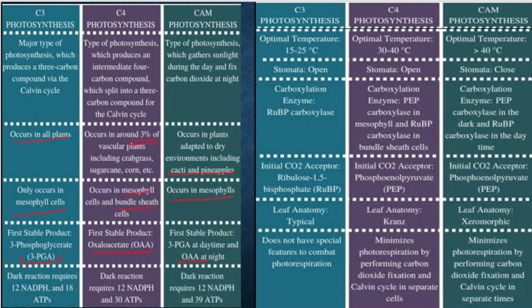C3 photosynthesis takes up more NADPH and ATPs, and C4 and CAM use most of the energy of the cell. C3 plants have typical anatomy, whereas C4 has Kranz anatomy, and CAM plants have xeromorphic anatomy. So this is the basic comparison of photosynthesis in C3, C4 and CAM plants.